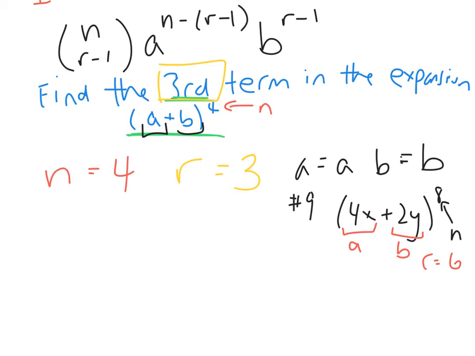But in the test question, 4x is a and 2y is b. n is 8 and r is 6. So these are the test question variables. Go think about that. Alright, let's go back to our example.